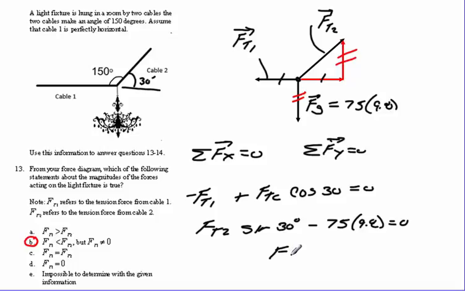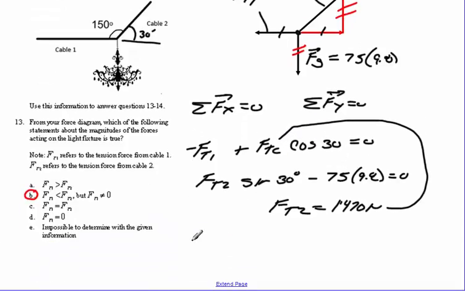We will find FT2 first. To do that, I take 75 times 9.8 and divide it by the sine of 30. That gives me a tension of 1470 newtons. I will take that value and put it back in right here for T2, and we can solve for FT1, so minus FT1 plus 1470 newtons times the cosine of 30 is equal to 0.